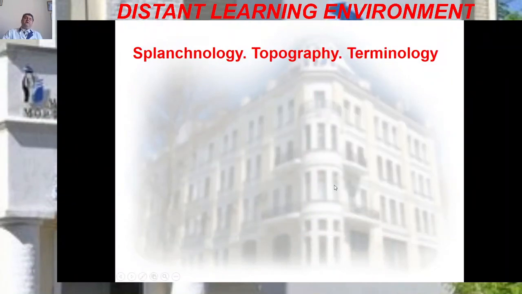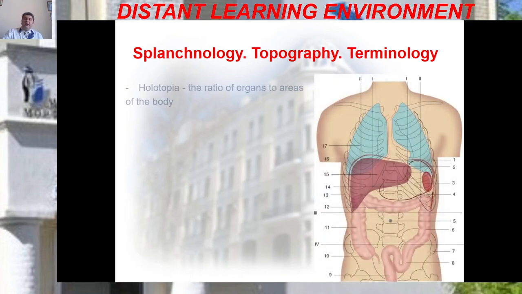Next, let's talk about terminology. First I want to tell about some terms in splanchnology. The first term is holotopia, which means the ratio of organs to areas of the body. You may see the ratio of the liver, or for example the stomach or spleen, to the anterior abdominal wall.